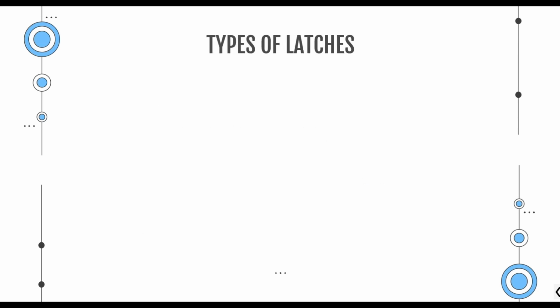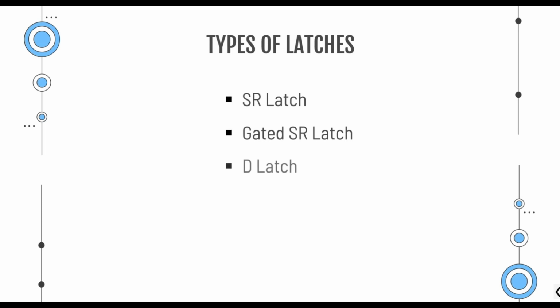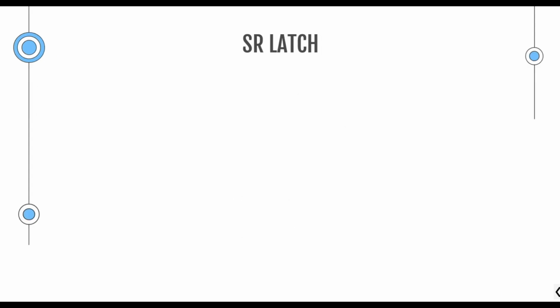There are different types of latches, which are SR latch, gated SR latch, D latch, gated D latch, JK latch and T latch. Let's talk about the SR latch and why it is called an SR latch.